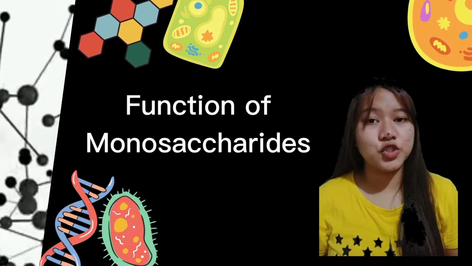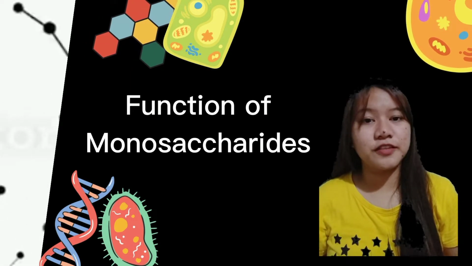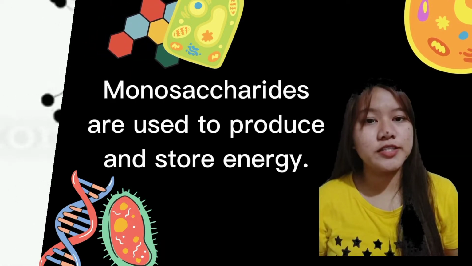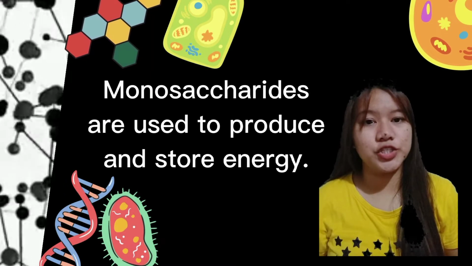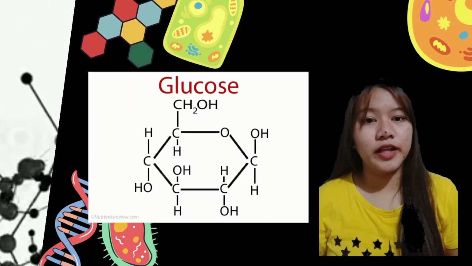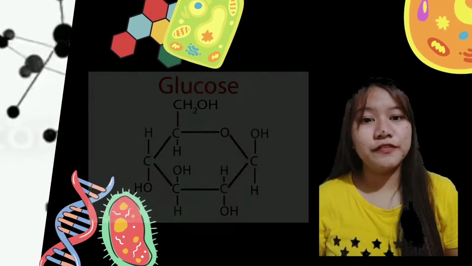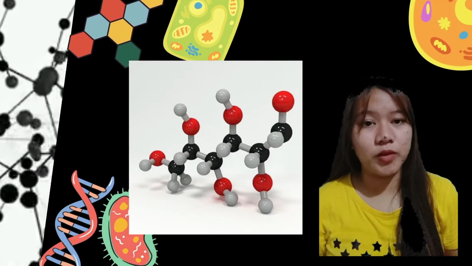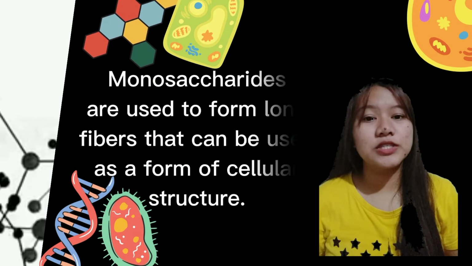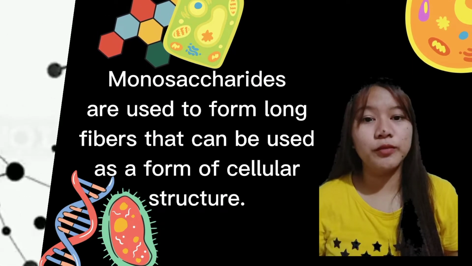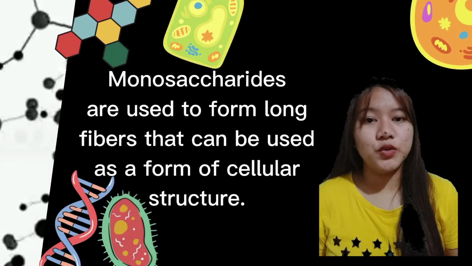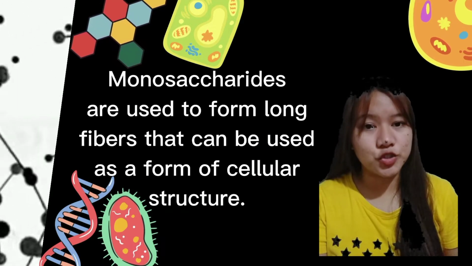Monosaccharides have many functions within cells. First and foremost, monosaccharides are used to produce and store energy. Most organisms create energy by breaking down the monosaccharide glucose and harvesting the energy released from the bonds. Other monosaccharides are used to form long fibers, which can be used as a form of cellular structure.